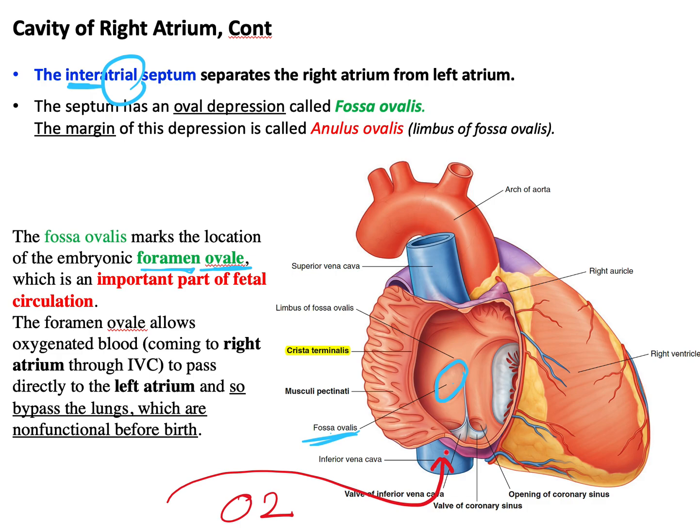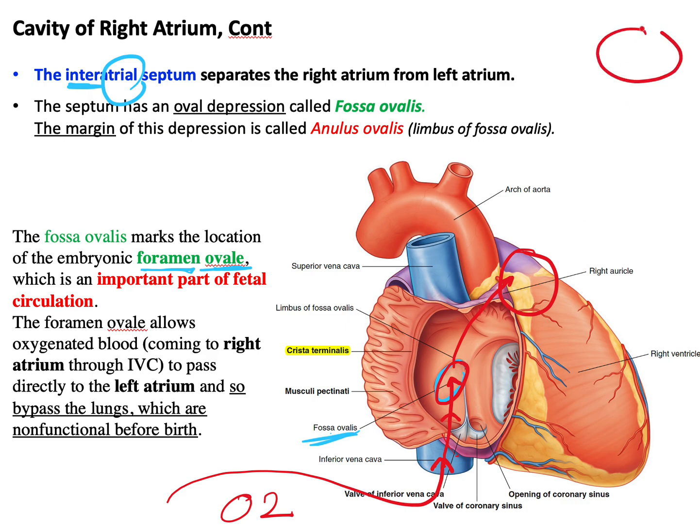So the blood comes to the right atrium through the inferior vena cava. Then it will move through this opening, this foramen, because this foramen was open, patent, in the embryo and fetus. So the blood moved from the right atrium to the left atrium here.